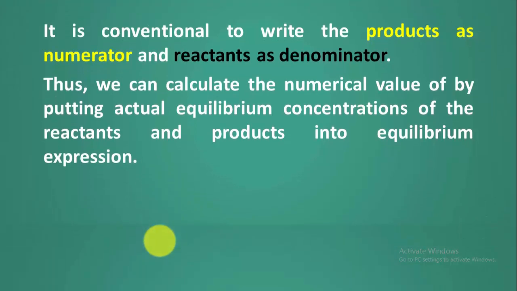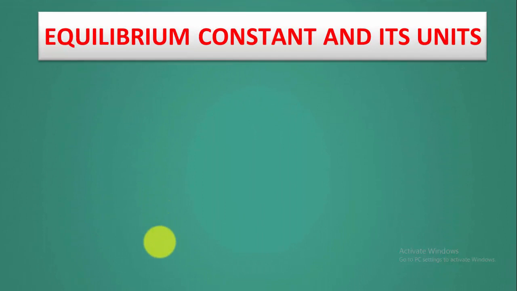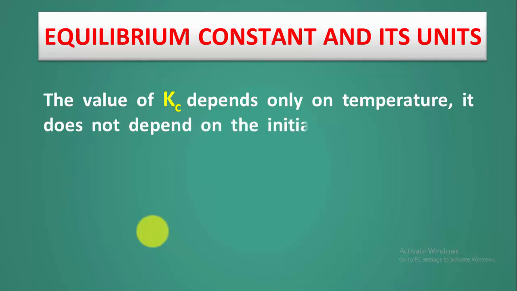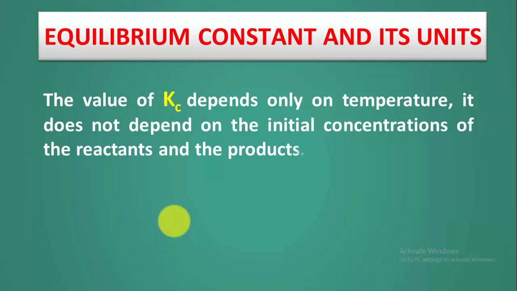So the value of Kc depends only on temperature. It does not depend on initial concentration of the reactants and the products, because when equilibrium establishes, all concentrations remain the same, which means their values remain constant.